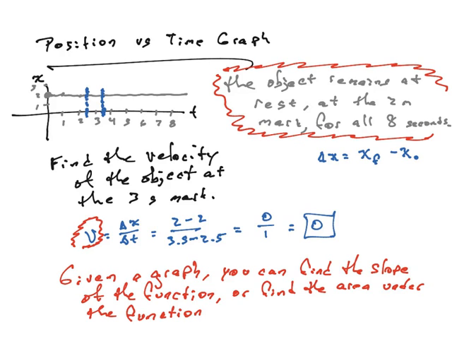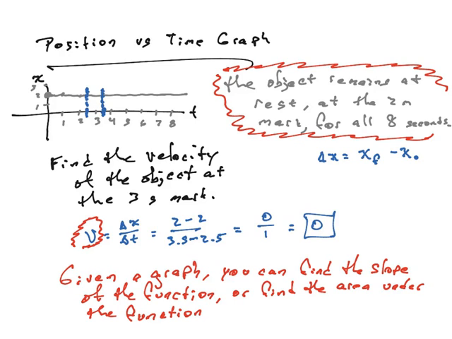Right? You're given a graph, there's your line, it may be curvy, it may have kinks, it may be going in different directions, whatever it is. There's 2 things you can do. You can either find the slope of the line or find the area under the line. That's all you can do with it.